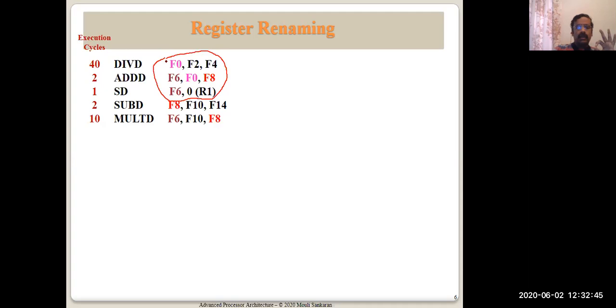You cannot remove this by any means. What I really want to say is, add D cannot continue with the execution until div D is completed. So even if I do any technique, I cannot remove it. That is there.